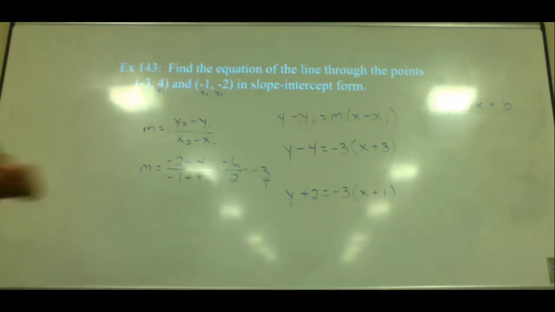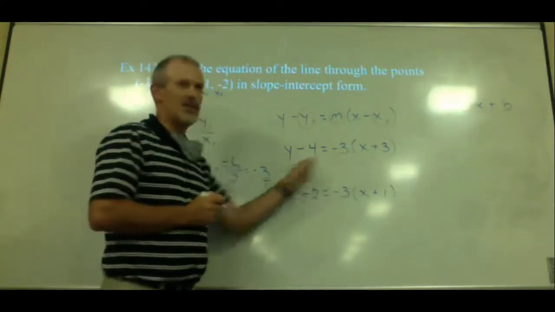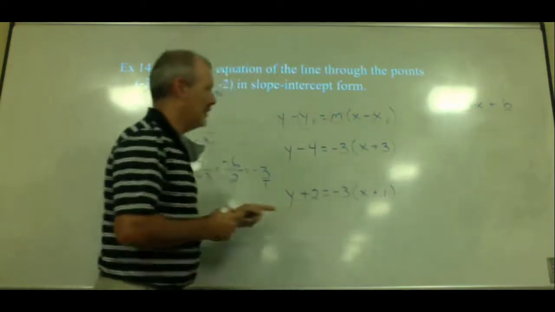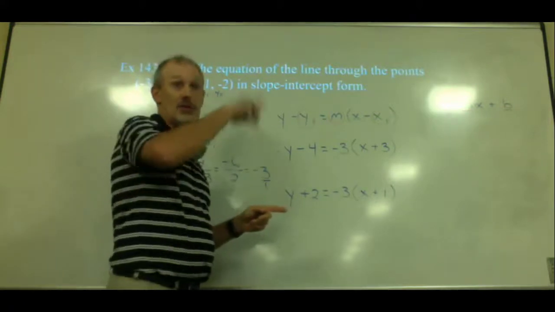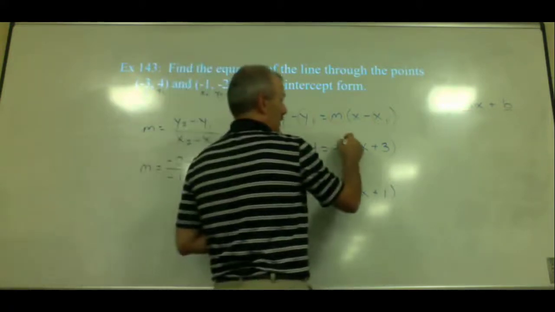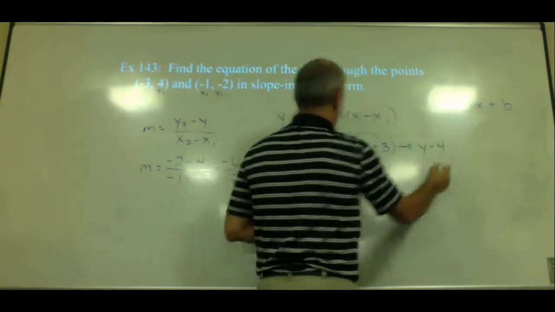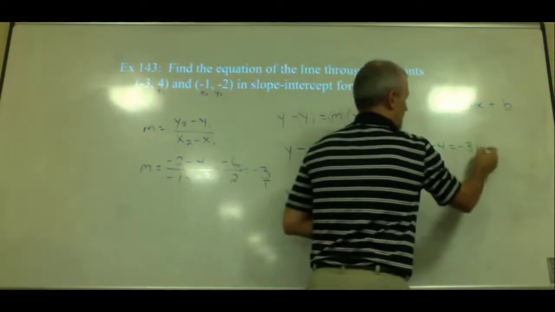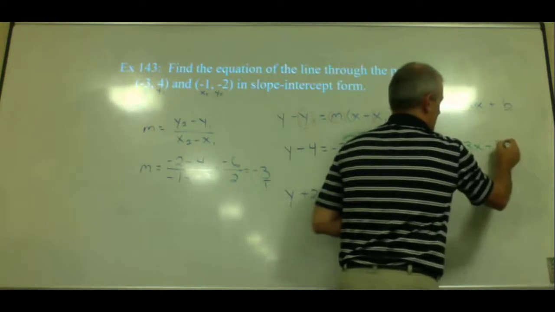Okay, so let me switch colors here. Switch to green. What did I have to do here to start switching this into slope intercept form? Before we add, we want to distribute, right? So distribute the -3. So that's going to give us still y minus 4 equals -3x, and then -3 times plus 3 is -9.